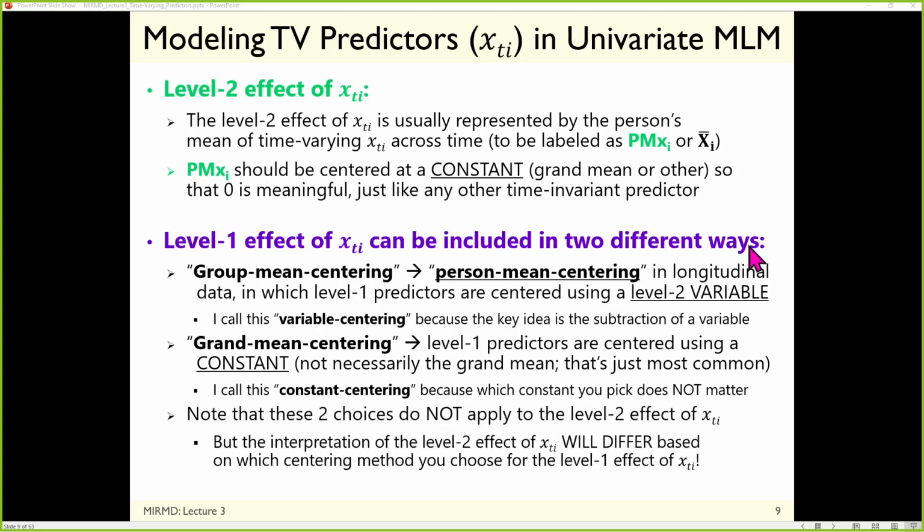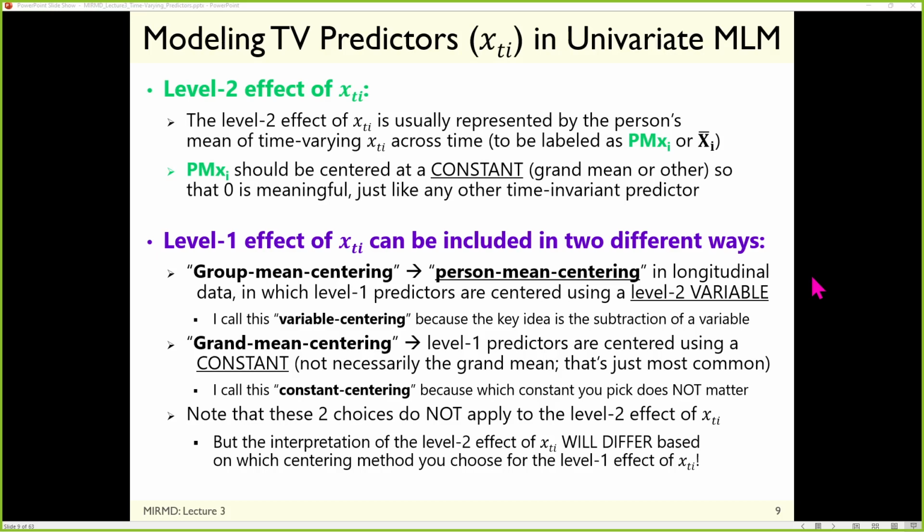Now what we do at level 1 has 18 different names. It's yet another instance in which people came up with the same ideas and came up with their own terminology. So the one that I like best for longitudinal data and clustered data is called group mean centering, or within-cluster centering, or cluster mean centering. In this context, we'll call it person mean centering.